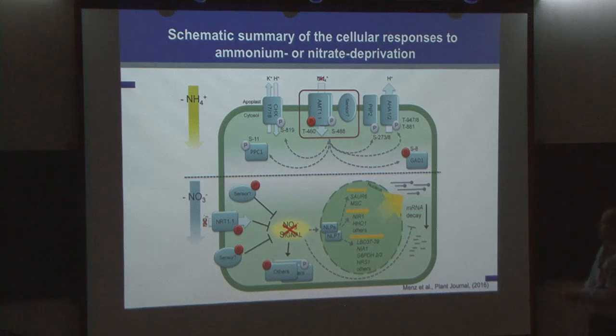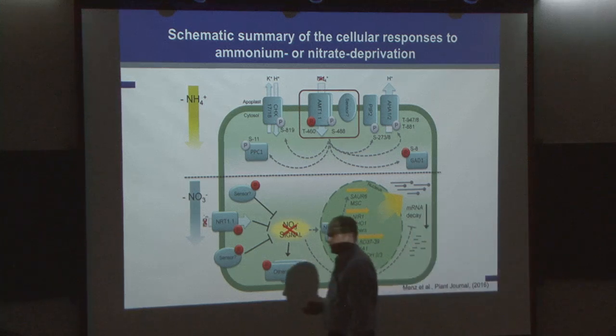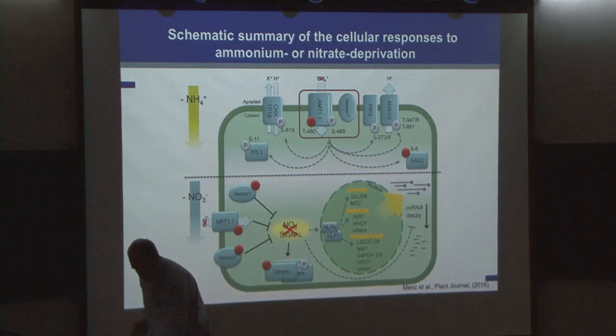Okay. So, that was a relatively complicated molecular analysis of this ammonium and nitrate depletion and the molecular processes involved. So, this was quite complicated, and now we have, of course, to ask why we do that and what it helps us for the plant and the crops.